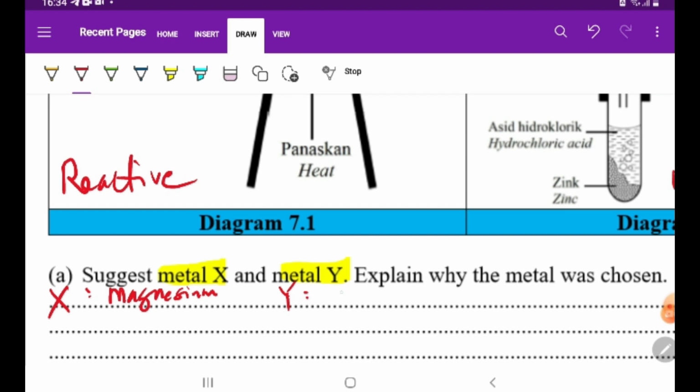Y, unreactive, is copper. So 2 marks here.